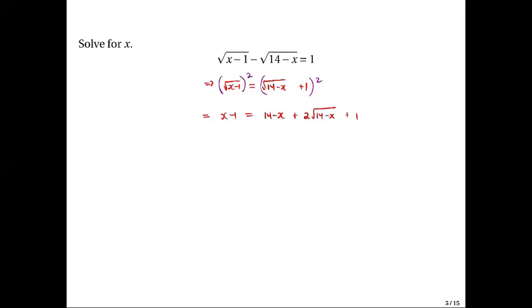And then we still have one radical in this equation, which is this guy. So we isolate that radical again. We bring all other expressions to the other side of the equation. Okay? So if we do that, you have here x, and on this side you have minus x, so if we bring it to the other side, we'll get 2x.